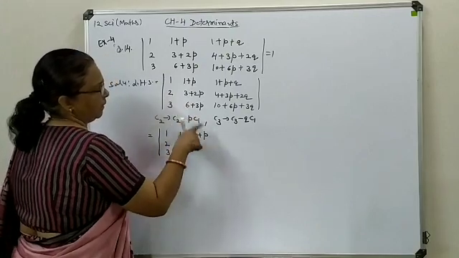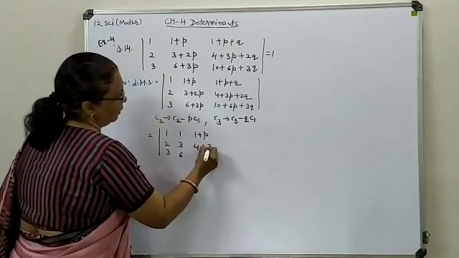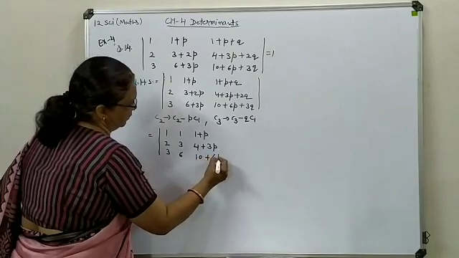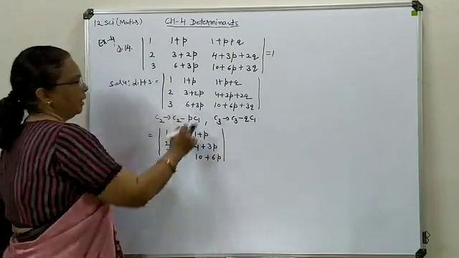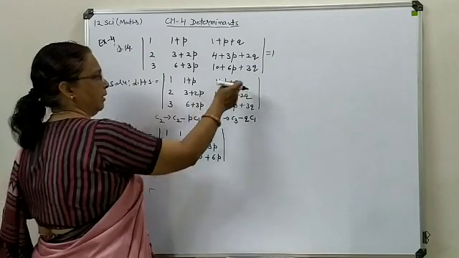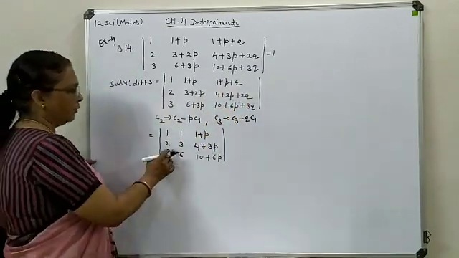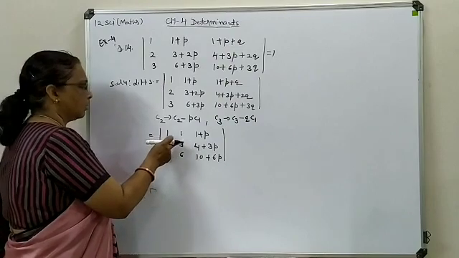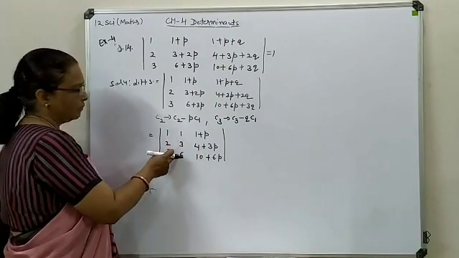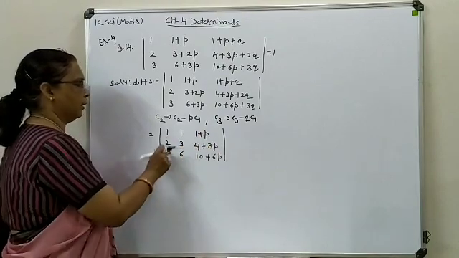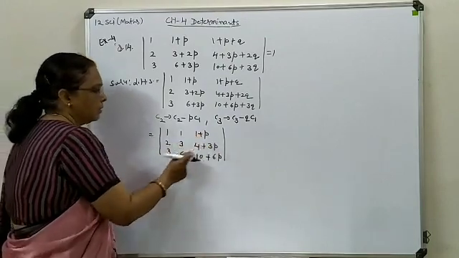If you are not sure, you can write in between one step. Otherwise, it is not necessary to write. So this last term will cut here. This last term will cut here. Next to that, if you look at the column 2 positions and the coefficients of P over here, both are giving you the same number.